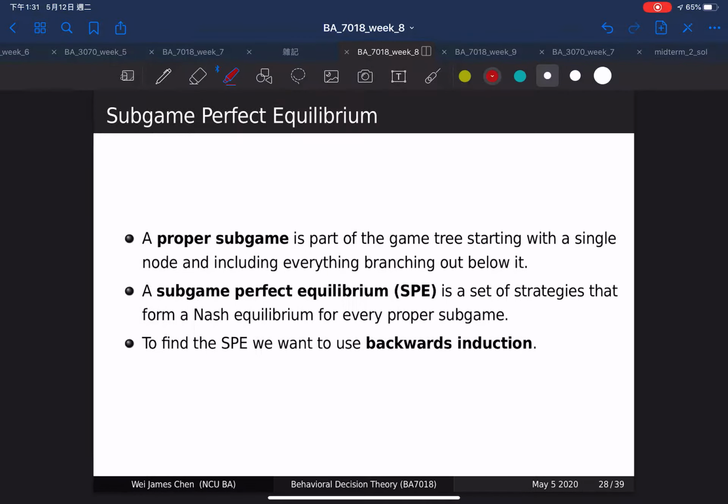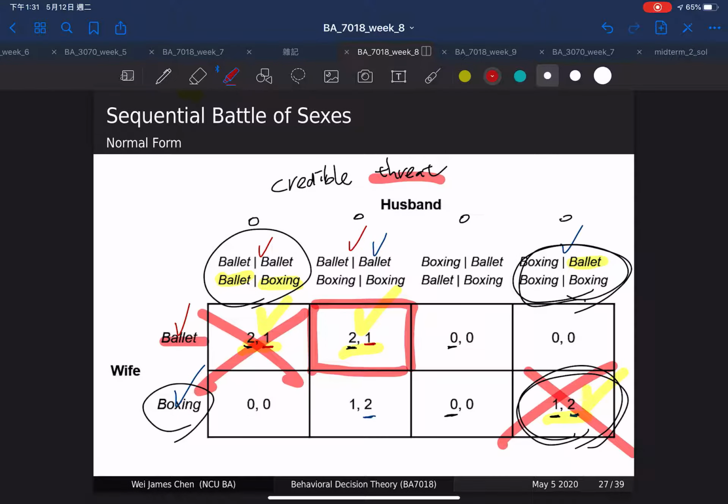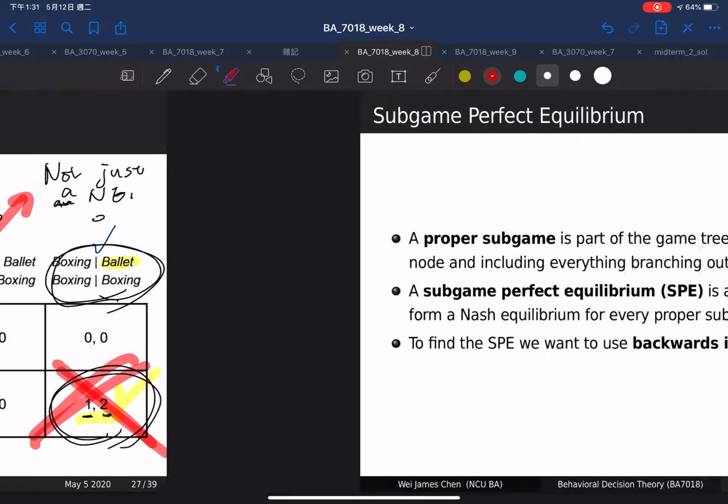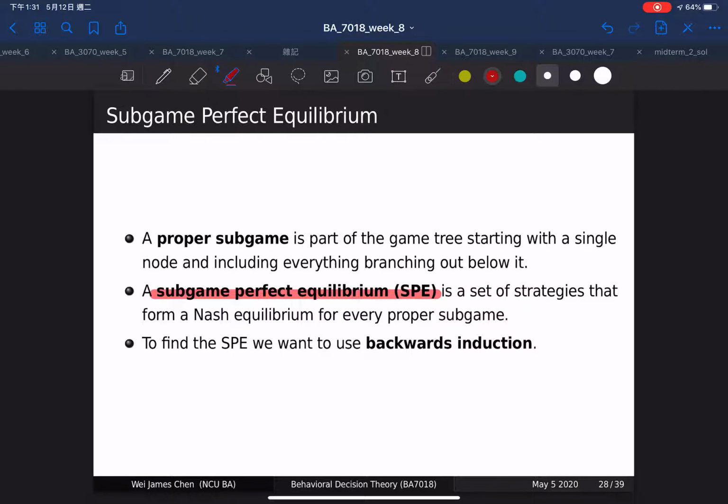We will say that whichever satisfies this credible threat criteria, we delete these two. And the one that survives, we say is not just a Nash equilibrium, but also a subgame perfect equilibrium.